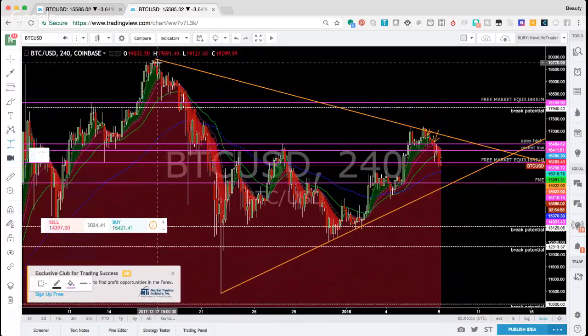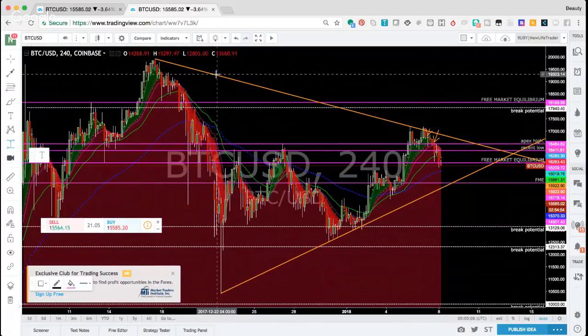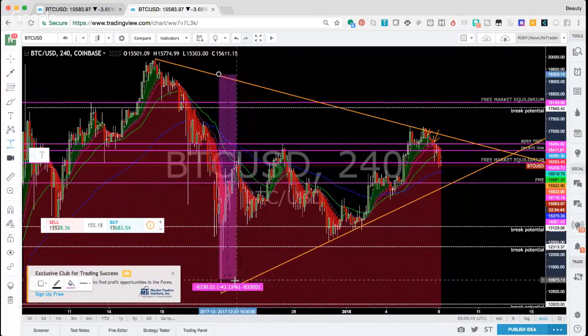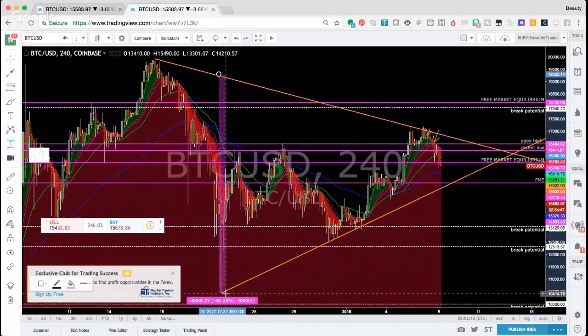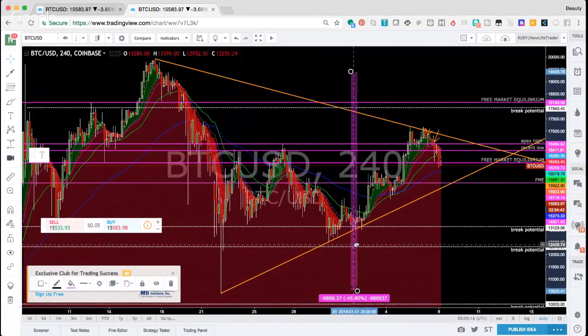Then we'll do it on the heel, probably right here, right there, and then there. We come down here to here, a little teeny tiny 46% move.